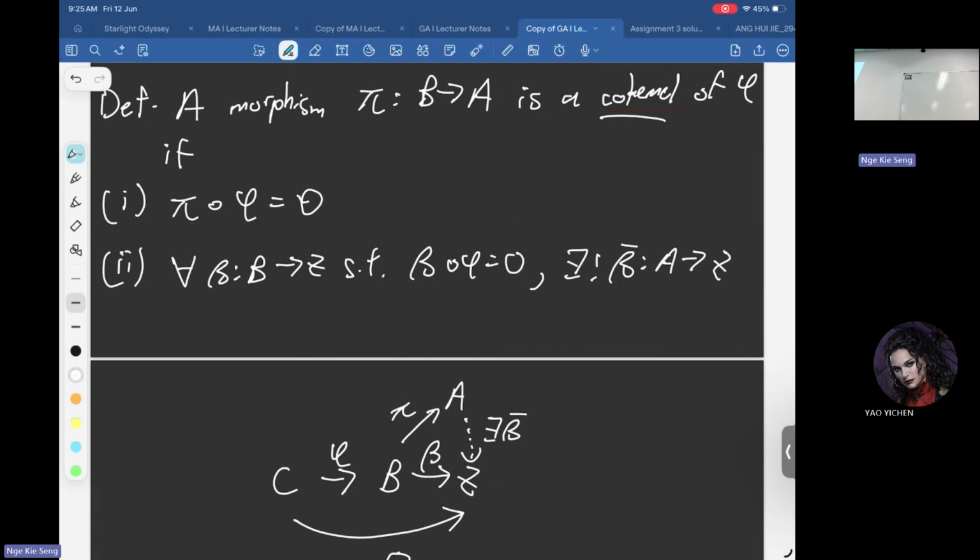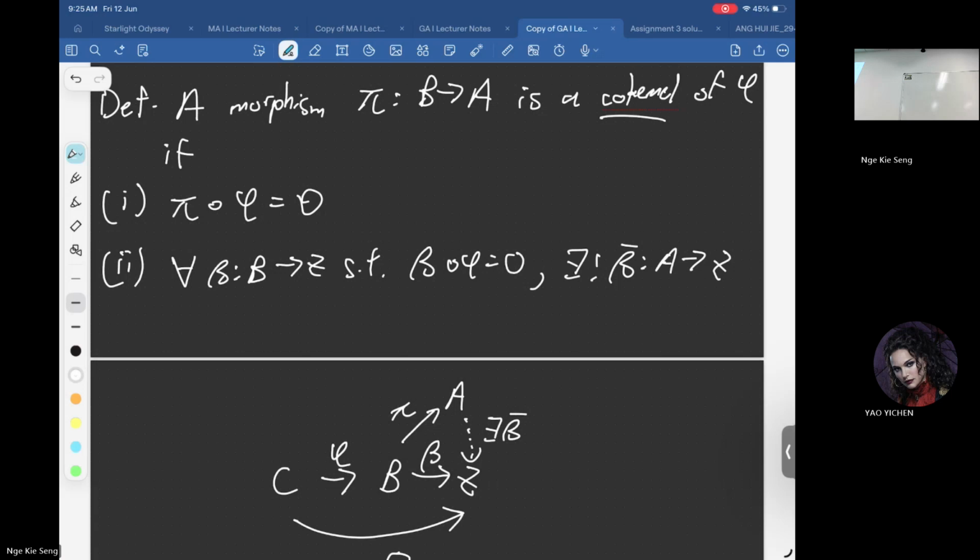I think to make sense of it is you want this to be true, right? You need to kill at least the image of one. At least you have to kill this thing. Right?